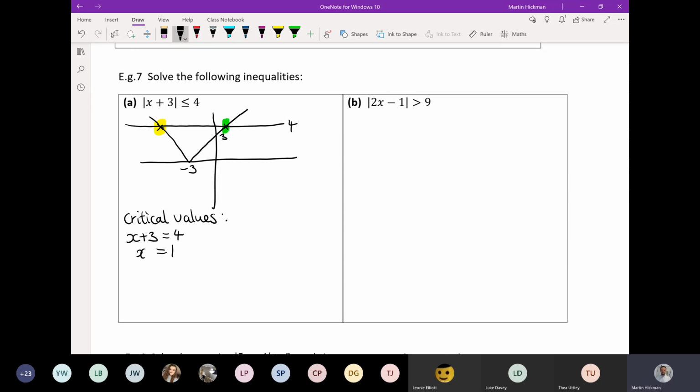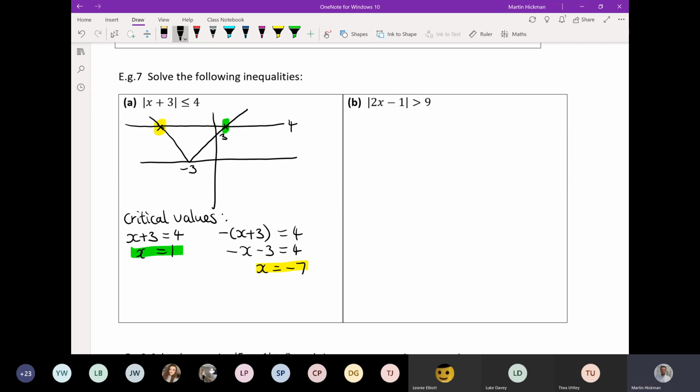And then this yellow solution, this has been reflected. So we do minus x plus 3 equals 4. And then when we solve that, we end up with x equals -7. So your critical values are x equals 1 and x equals -7.